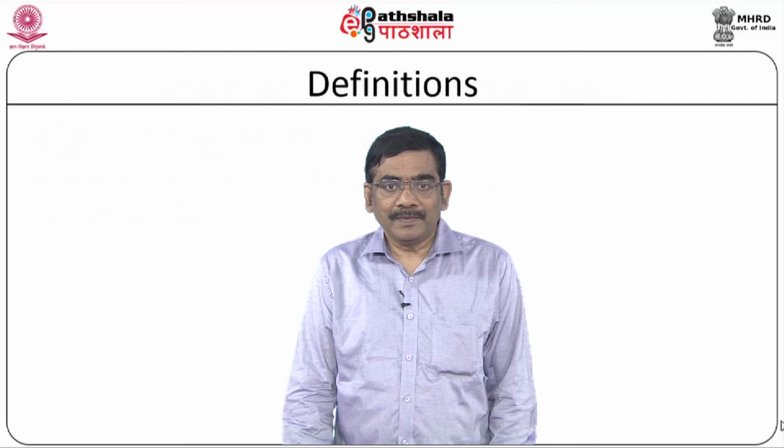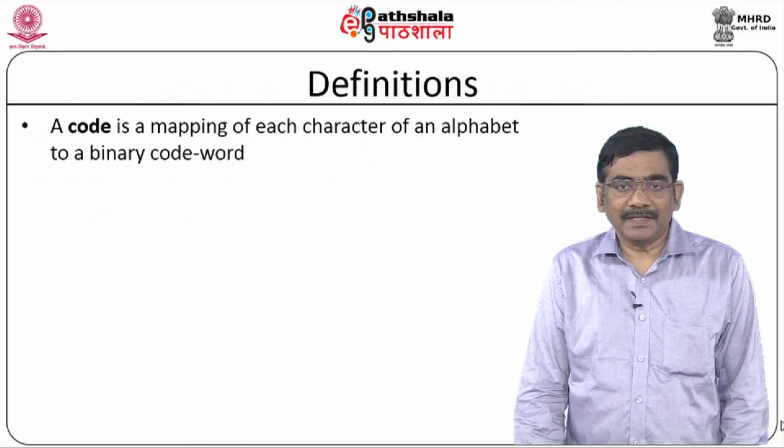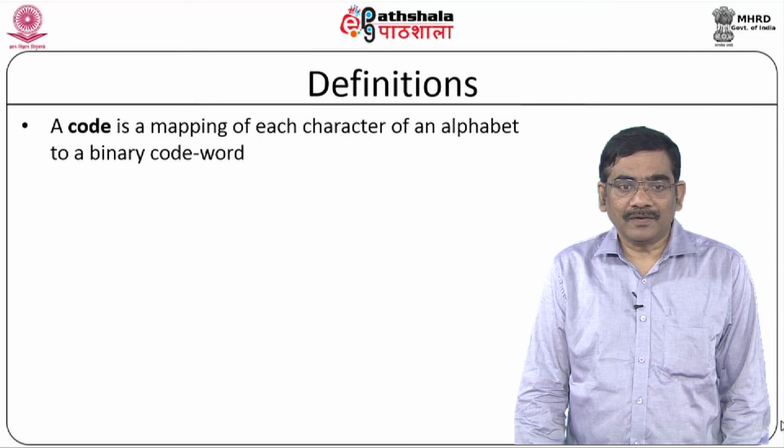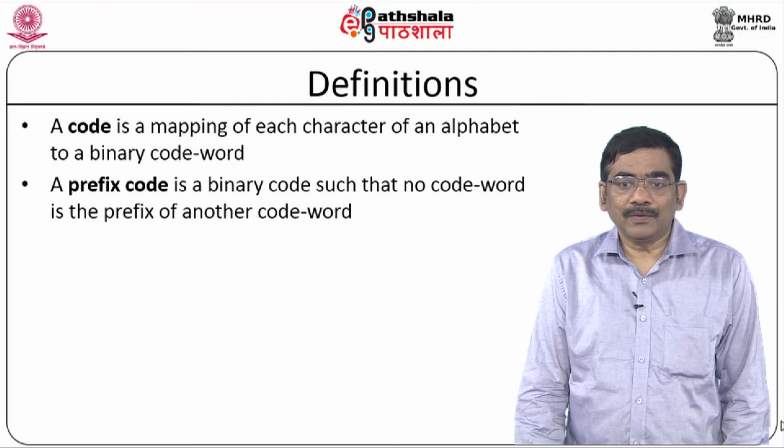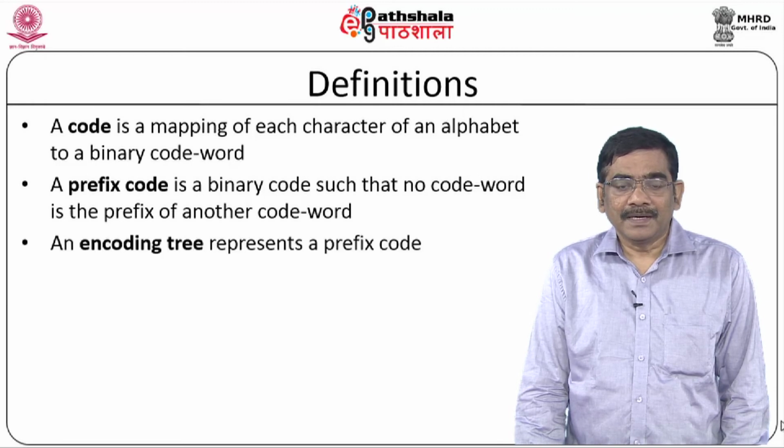So, we will give some important definitions. A code is the mapping of each character of the alphabet to a binary code word. A prefix code is a code such that no code word is the prefix of another code word, and this is assigned using an encoding tree.